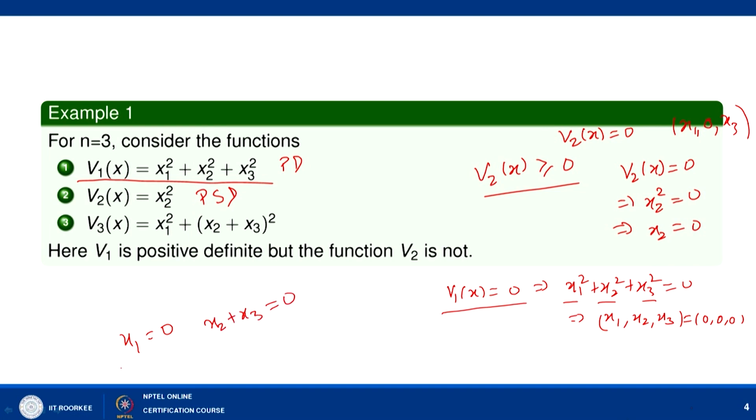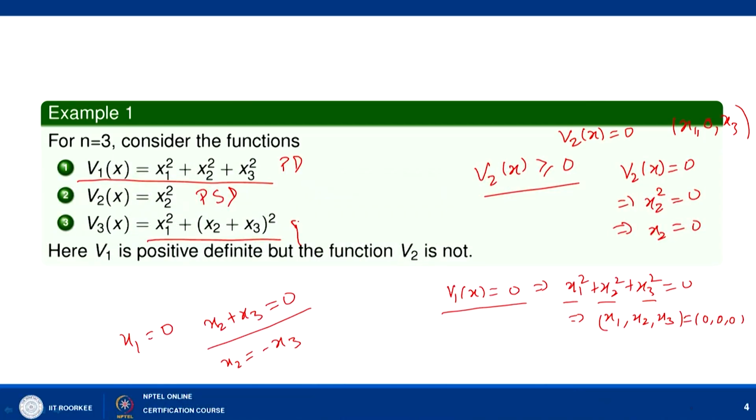So, this may give you an entire plane. We can say that x2 is equal to minus x3, so it may take the value 0 at points other than the origin. So, it takes non-negative values and may take the value 0 other than at the origin also. In this case, the v3 function is again a positive semi definite function.